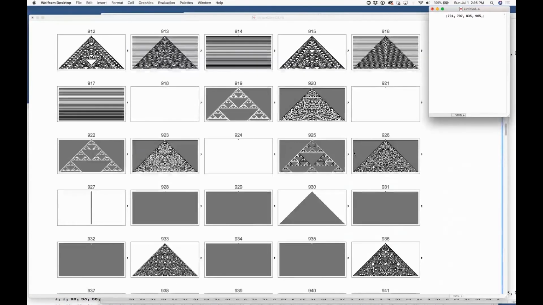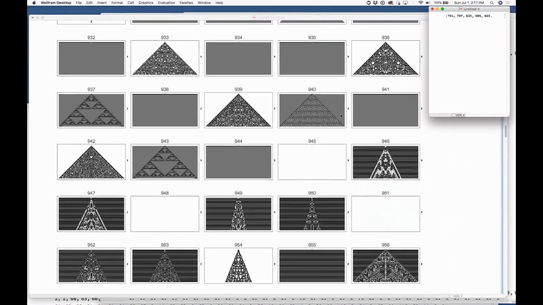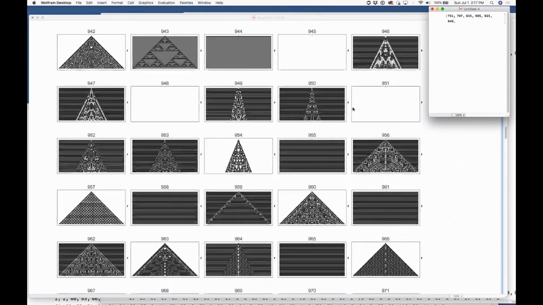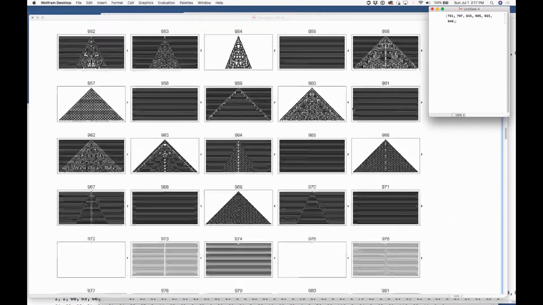Let's see if we can get that one. It is almost certainly just nested, unless it blows up somewhere. No, I'm pretty sure it's just nested. I'm not absolutely certain. Let's put it down on our list. Oh, 946. It's kind of lively. Some stuff here.